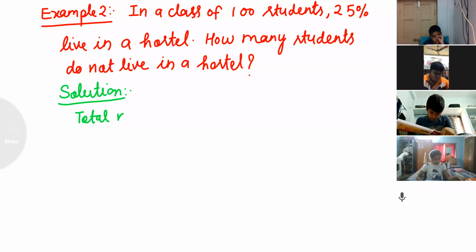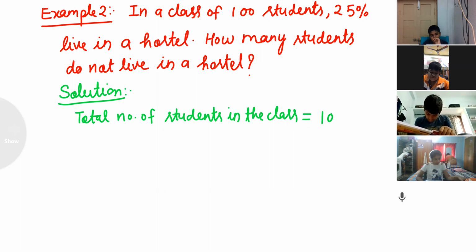Total number of students in the class is equal to 100. Now I want to find out firstly how many students are living in the hostel. It means number of students living in the hostel is equal to 25% of 100. Note down.